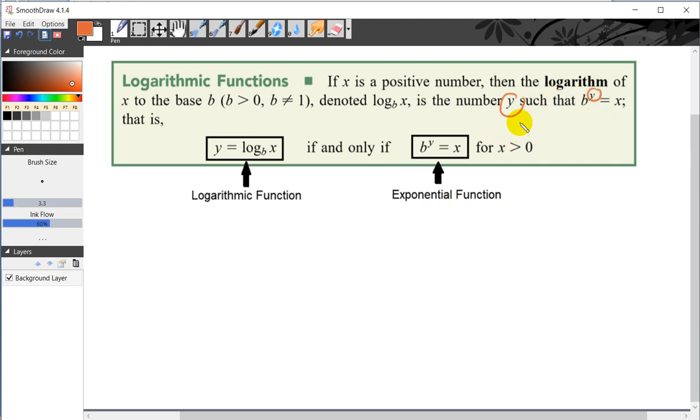So it's such that b raised to the y equals x. These two statements are equivalent.